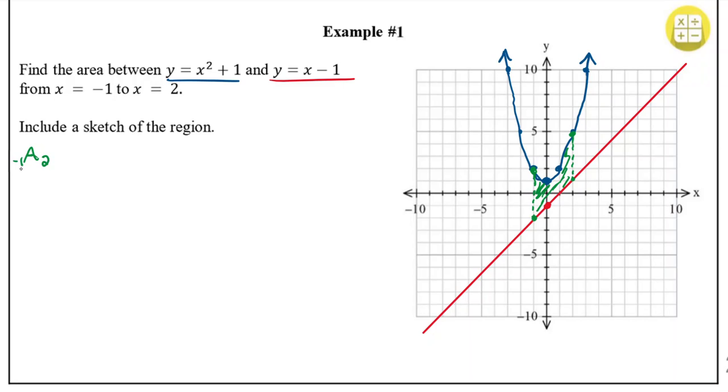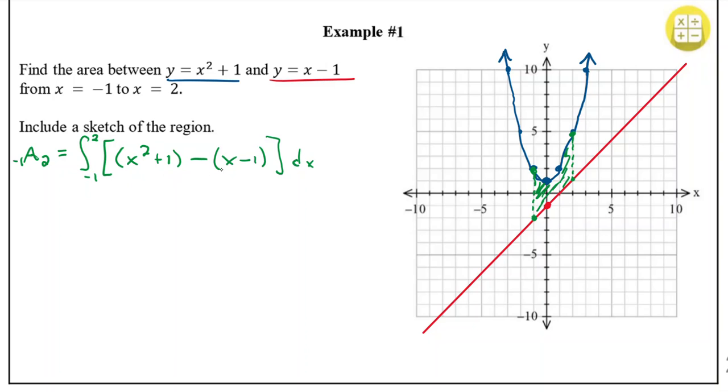So just a way of saying what the bounds of our area is equal to, and then it'll be the integral from -1 to 2 of, and then we're going to just subtract our functions, right? So it'll be of x squared plus 1, and then minus our lower function, which would just be x minus 1, and then dx.